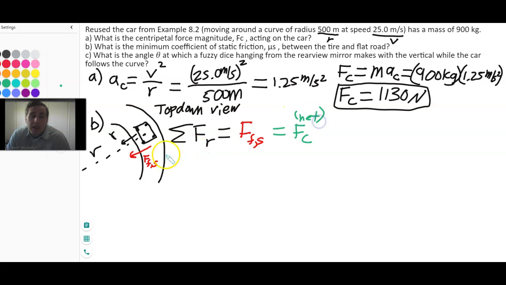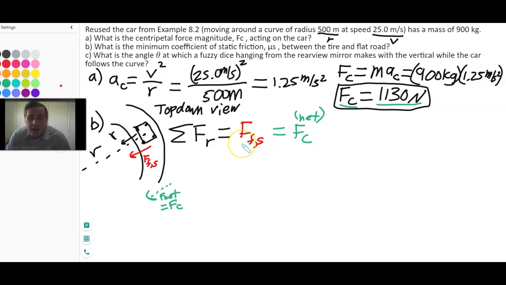Now remember, net force never goes on the free body diagram, but you could sketch it over here if you want to remind yourself that the net force equals the centripetal force. And we know what that value is. That's this right here.